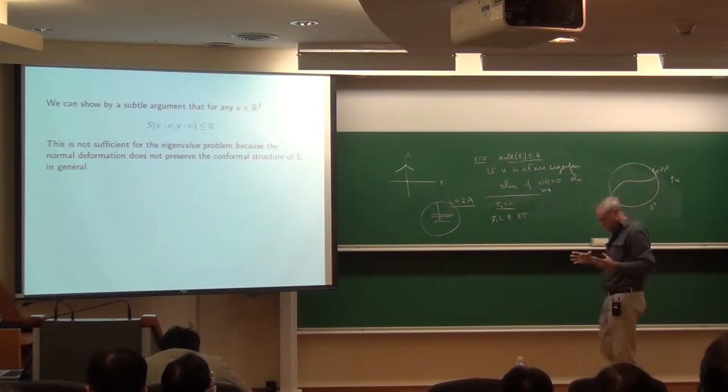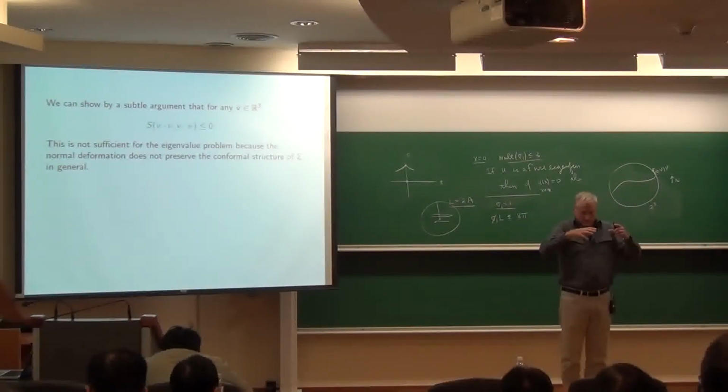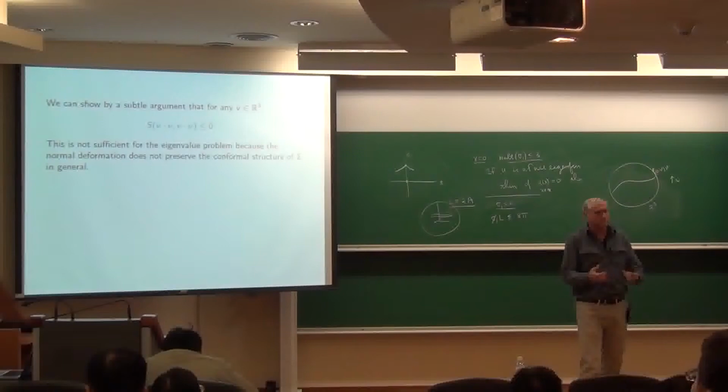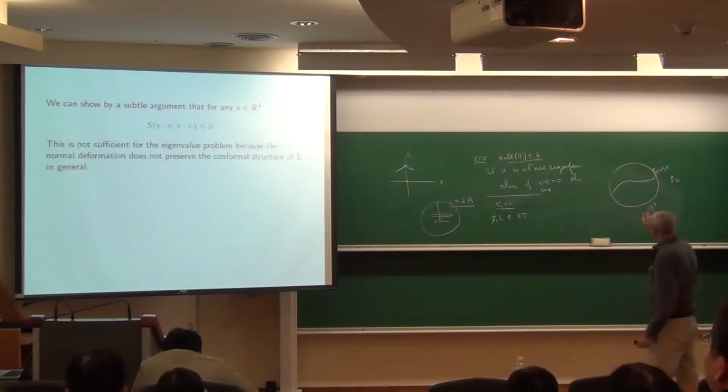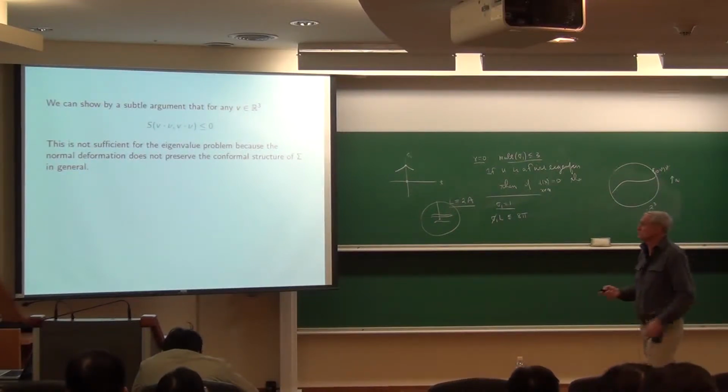Notice that the tangential part of V on the sphere gives conformal vector fields, generating families of conformal transformations. However, they're not conformal inside. They're just these translation vector fields.